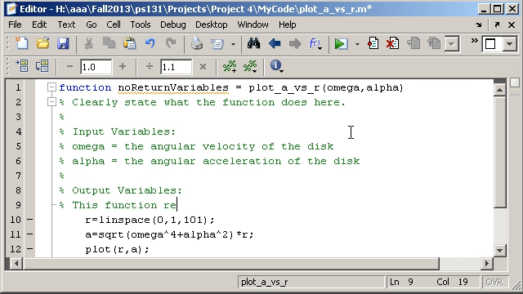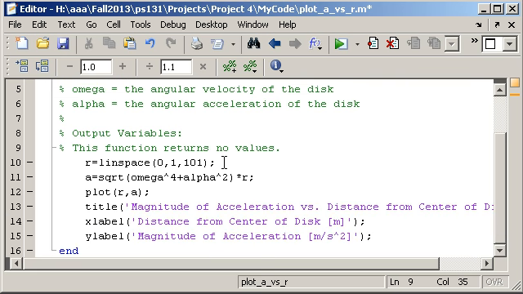Function returns no values. Hence there are no output variables, but I think that's self-explanatory. And then attribution, go all the way at percent attribution.